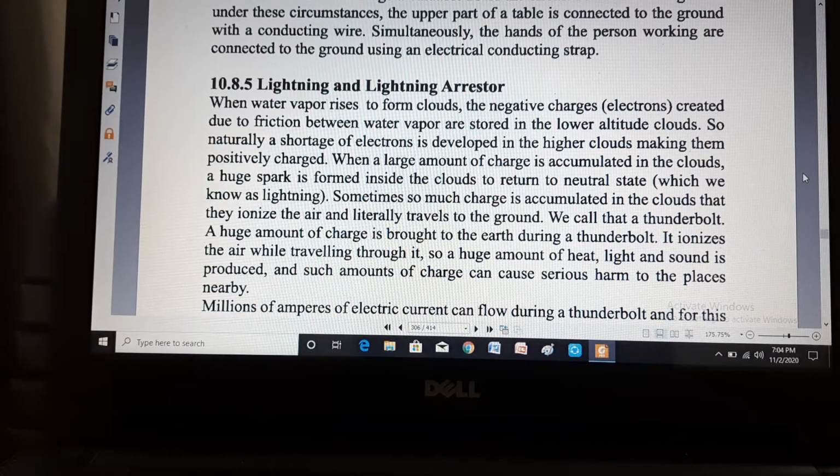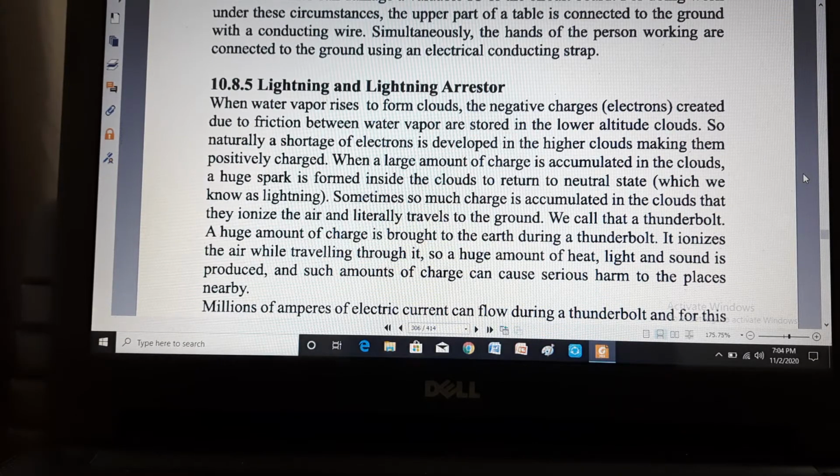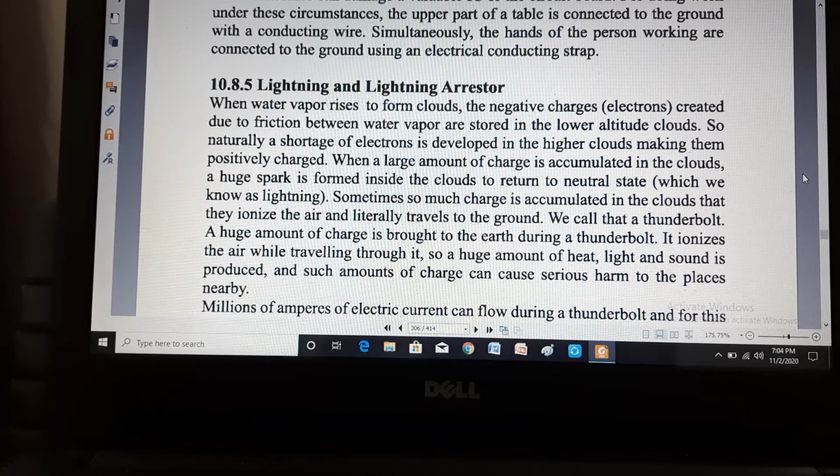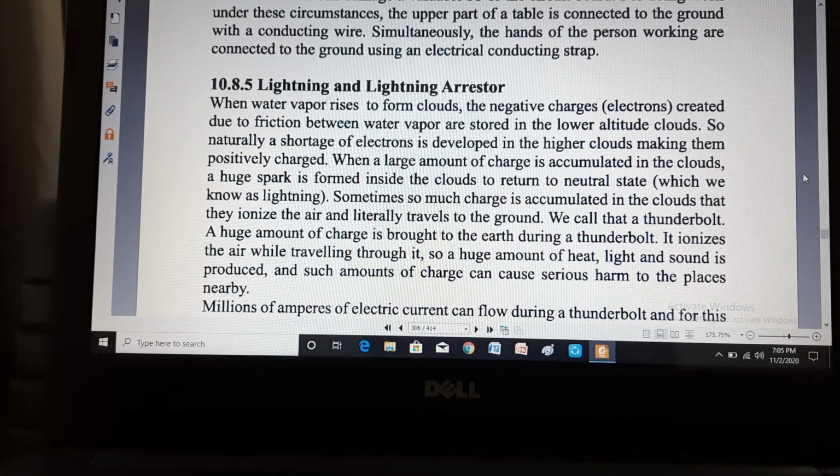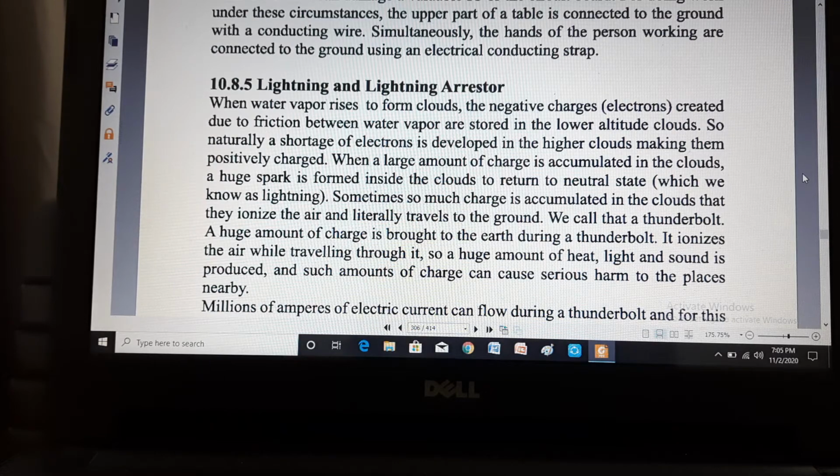We call that a thunderbolt. A huge amount of charge is brought to the earth during a thunderbolt. It ionizes the air while traveling through it. So a huge amount of heat, light, and sound is produced, and such amounts of charge can cause serious harm to the places nearby.